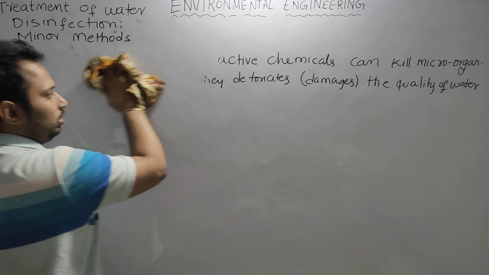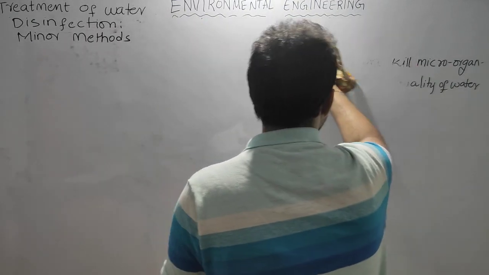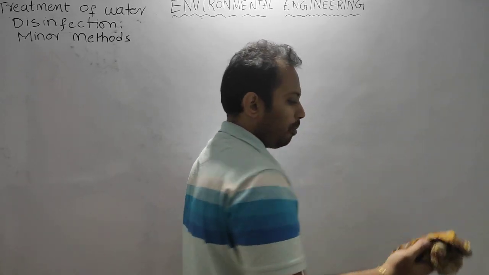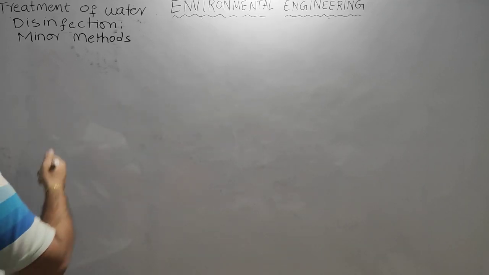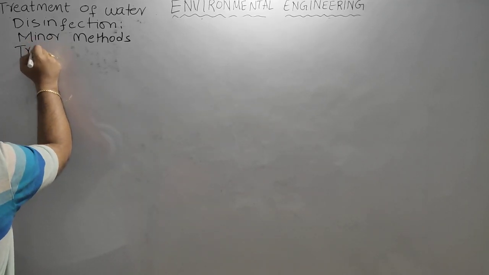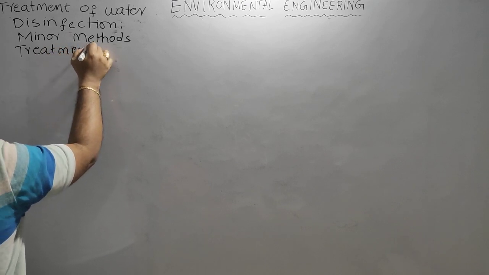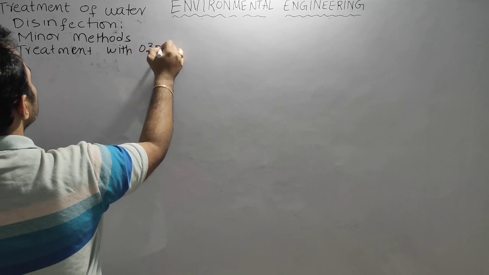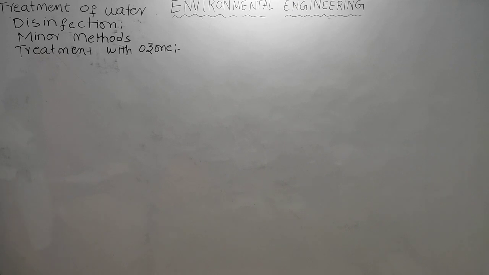See, ozone will be having a nascent oxygen. That means generally O2 is the stable form of oxygen, so O3 is an unstable form of oxygen. Treatment with ozone. In ozone, generally we will be having nascent oxygen.